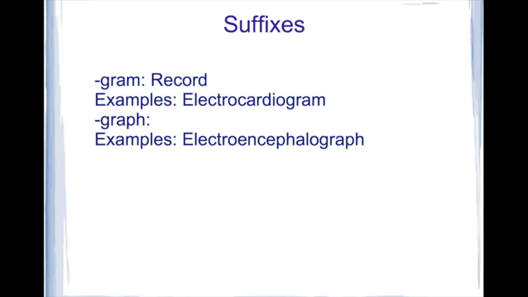Graph, like an electroencephalograph, is a specific device. So a gram is the record, and a graph is what we use to actually record the information, if that makes sense. So the graph specifically is the machine being used to record the information.